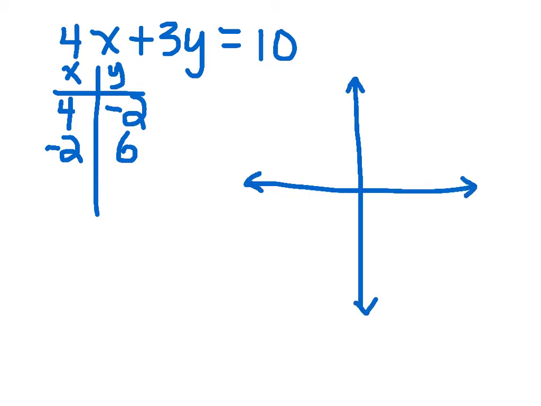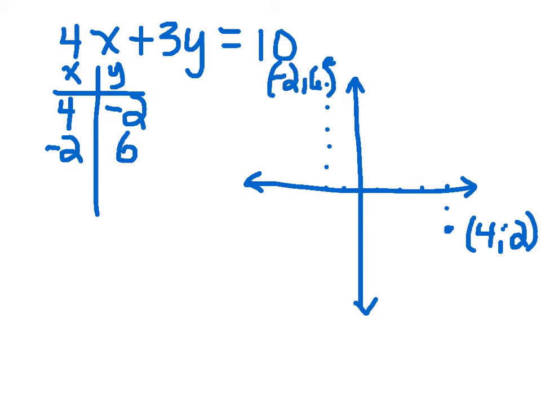I'm only going to be estimating, obviously, so 1, 2, 3, 4, and then down 2. So this is the point (4, -2). And the point (-2, 6) is up here.